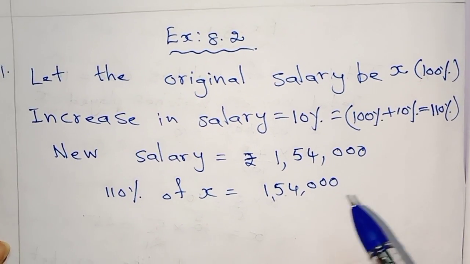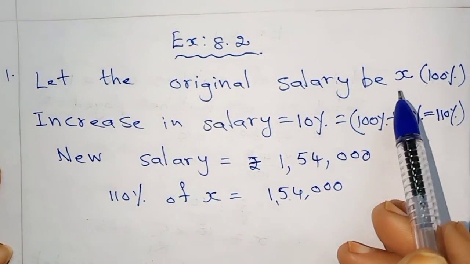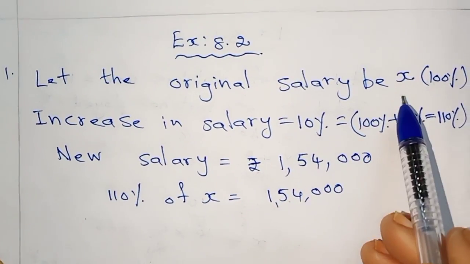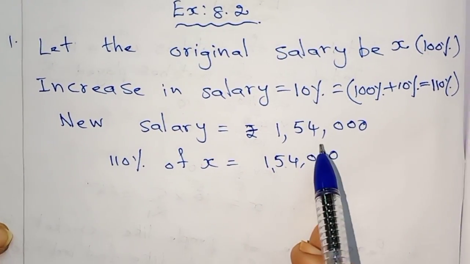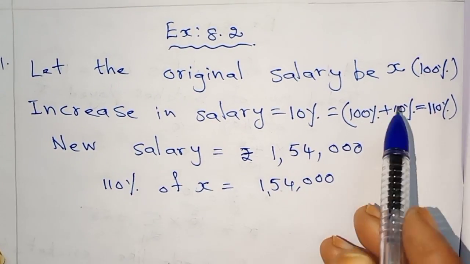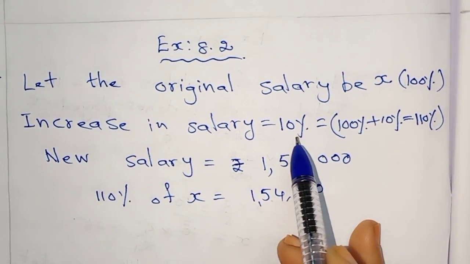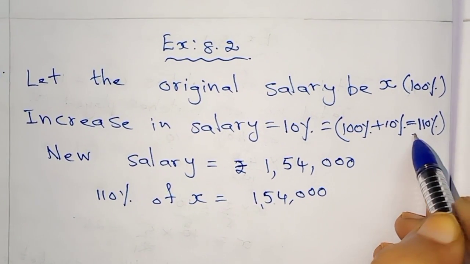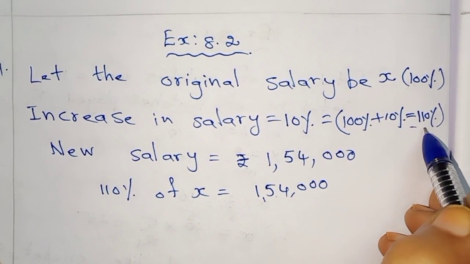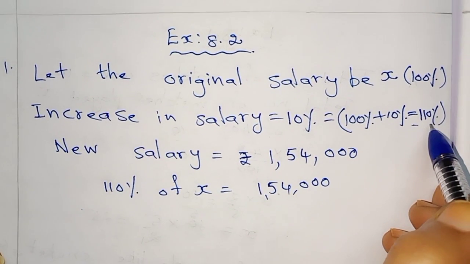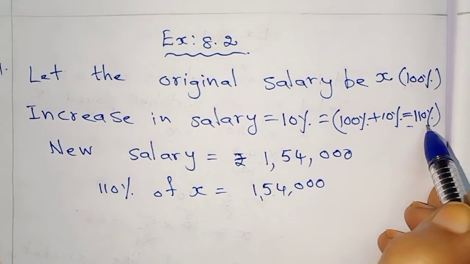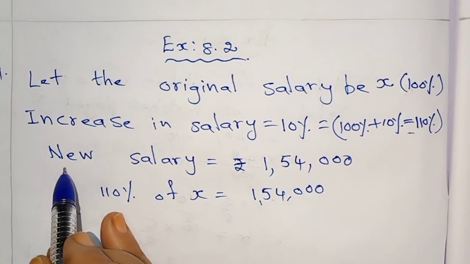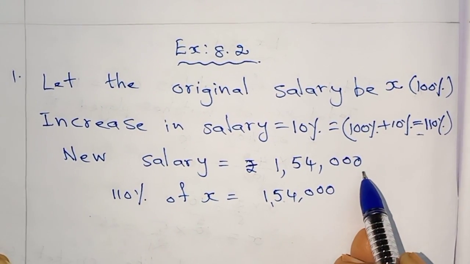The new salary is 1,54,000. Now what we have to find out is X. So how can we find this original salary X, based on this hint? The new salary is 110% in the form of percentage, whereas they gave that the new salary is 1,54,000.